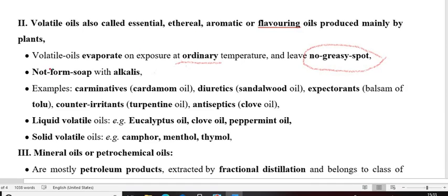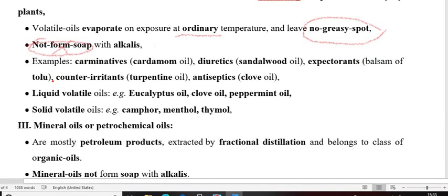And dissimilar to fixed oil, when you mix volatile oil with alkali, it does not form any soap, whereas fixed oil forms soap with alkali.